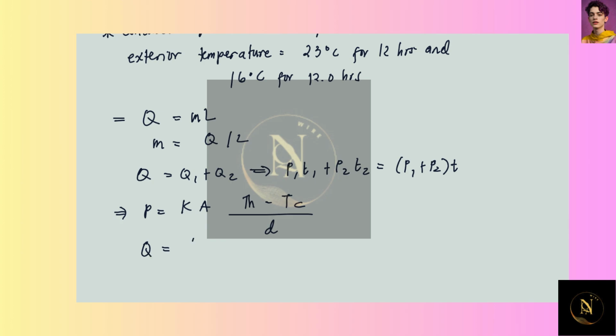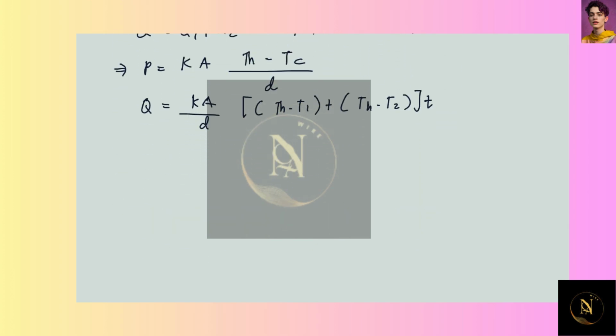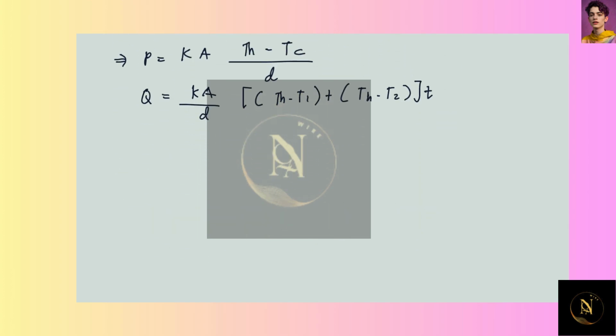So Q will be equal to kA divided by d, times Th minus T1 plus Th minus T2, times T.